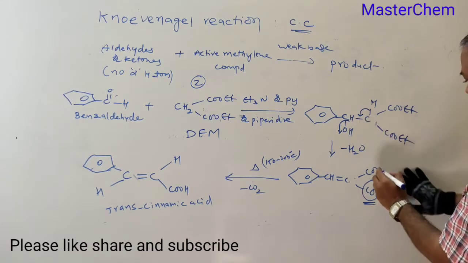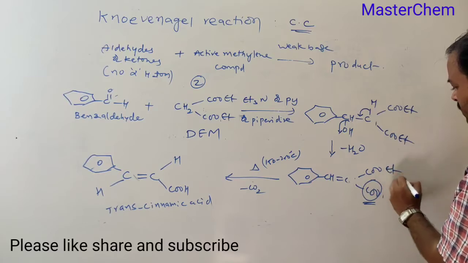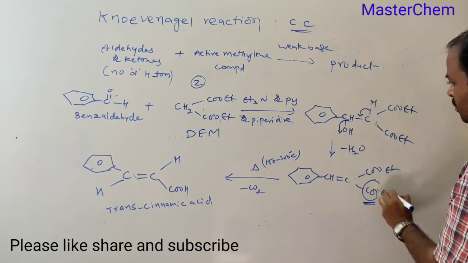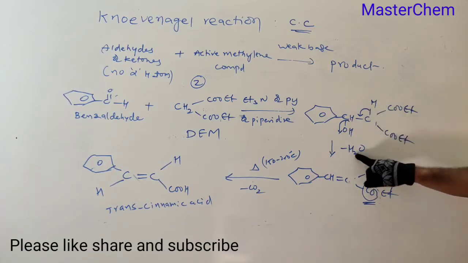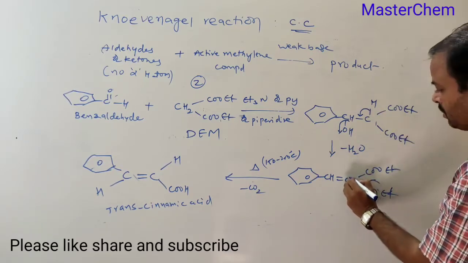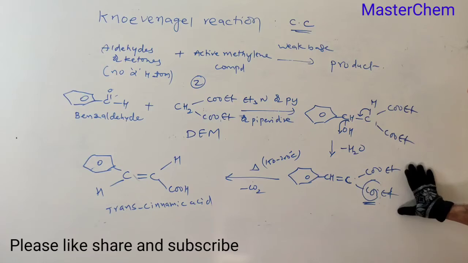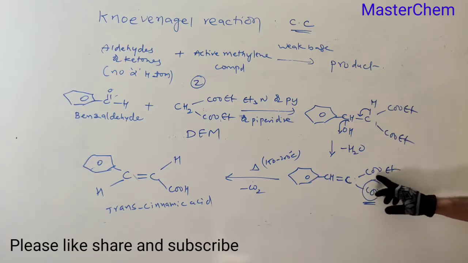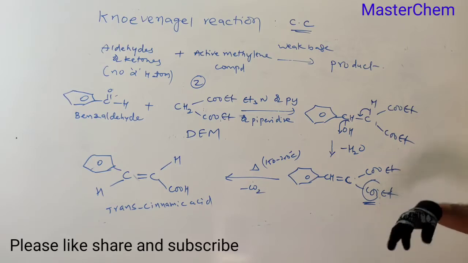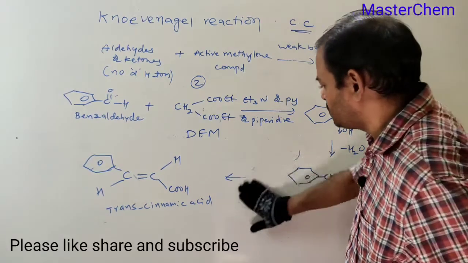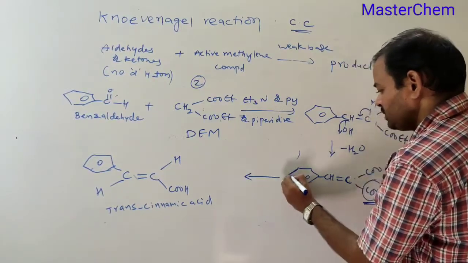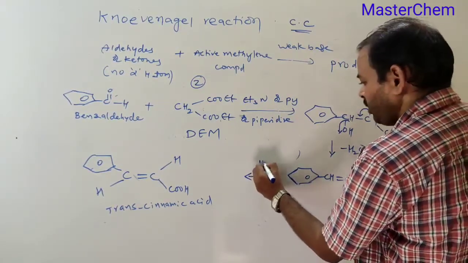To get this product, first dehydration is required. In the same manner dehydration takes place, so a double bond arises. Now here we should first convert COOEt to COOH, so one more step is required: hydrolysis.